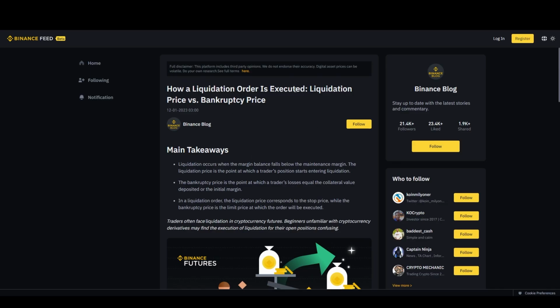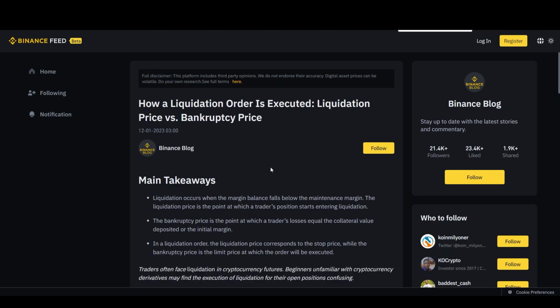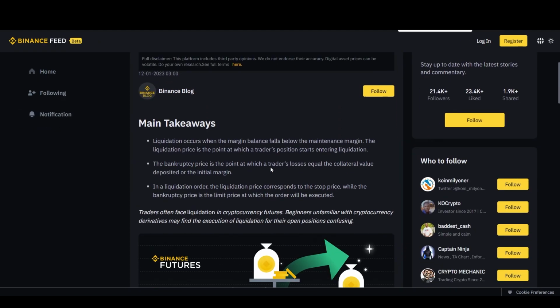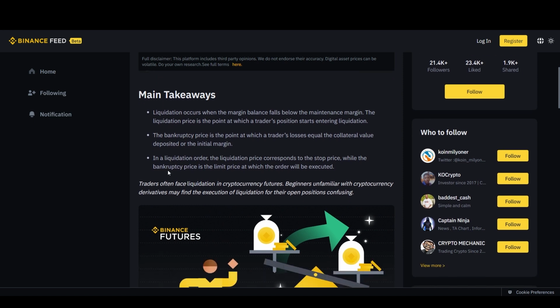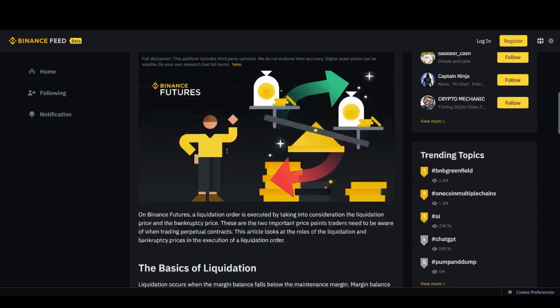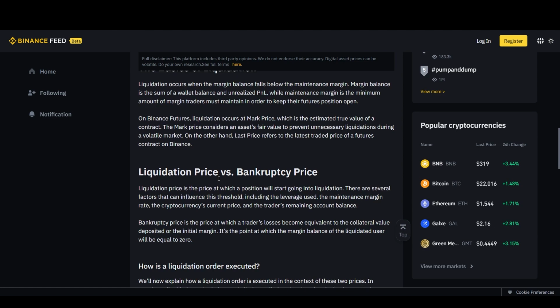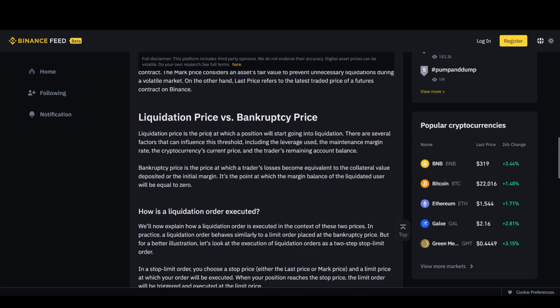How liquidation order is executed. Liquidation price versus bankruptcy price. Liquidation price is the price at which a position will start going into liquidation.